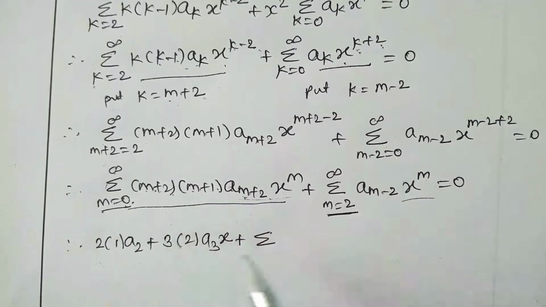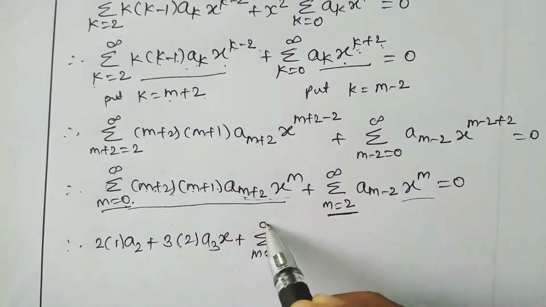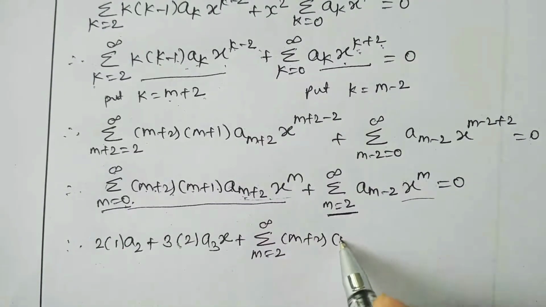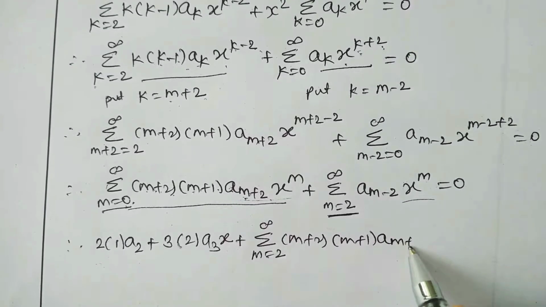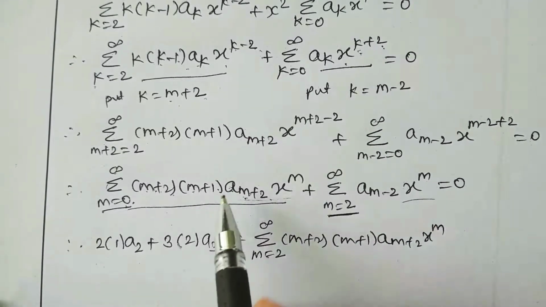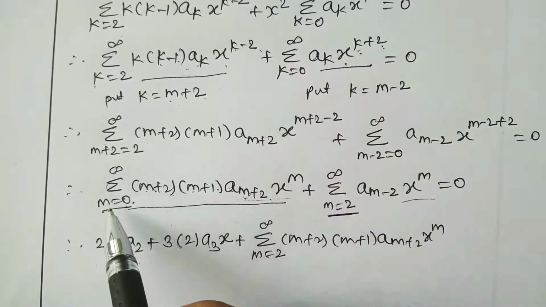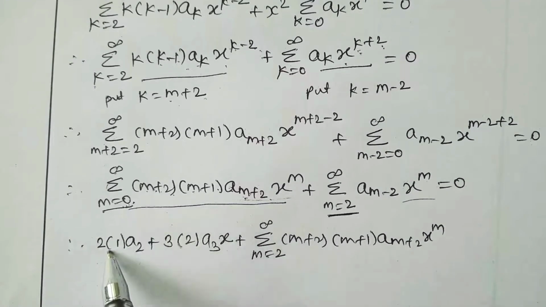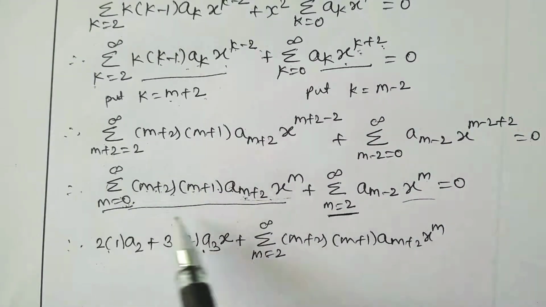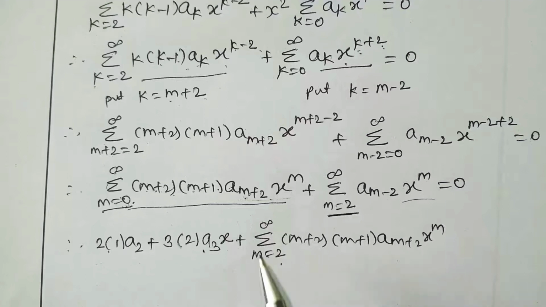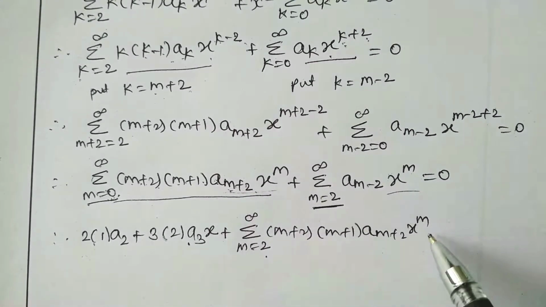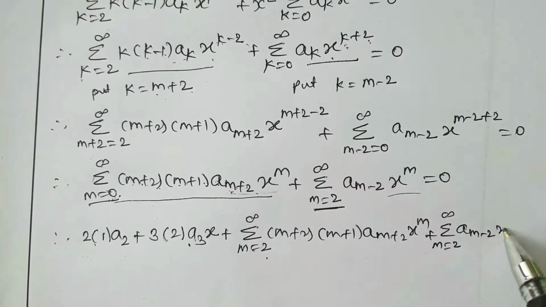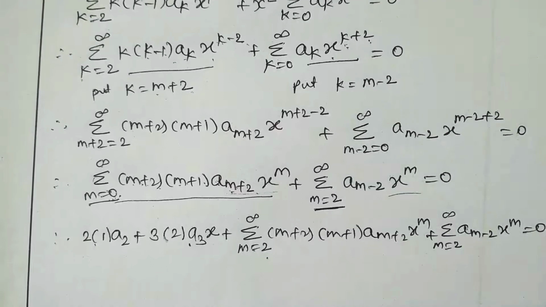And the remaining term, that means the series where m varies from 2 to infinity, (m plus 2)(m plus 1) a_(m+2) x to the m. See the adjustment here. So for making this series start from m equals 2, we put the value of m equals 0 and m equals 1, and then the given series starts from m equals 2. Then the second term as it is, summation m equals 2 to infinity, a_(m-2) x to the m equals 0.